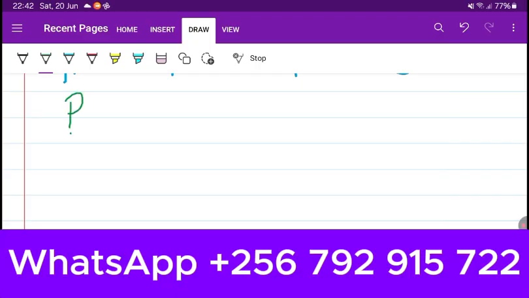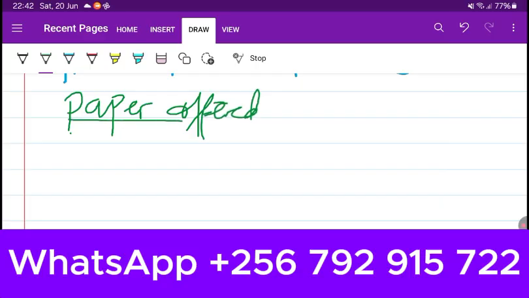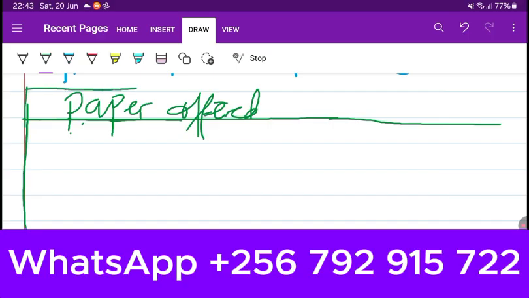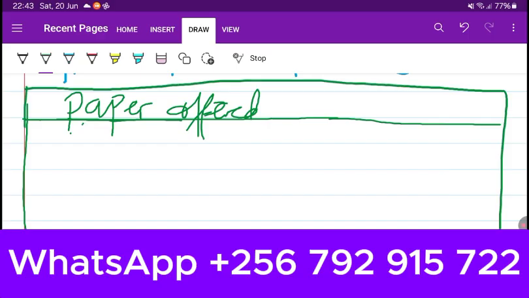So we can have the papers offered, or we can just have one heading, papers. You don't need to write papers offered by the Institute of Certification. That will be a very wrong table. Then we start putting in the papers.